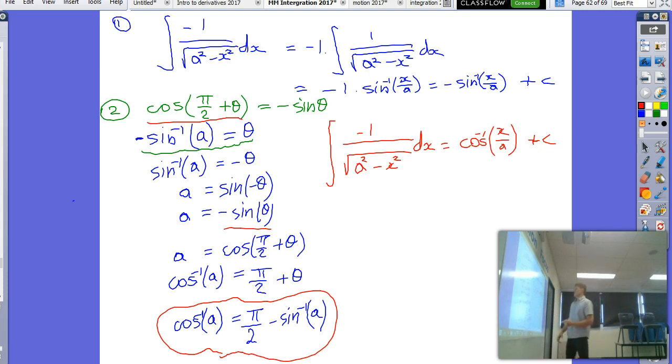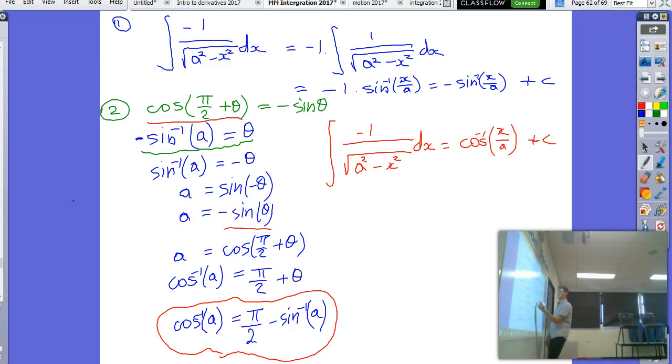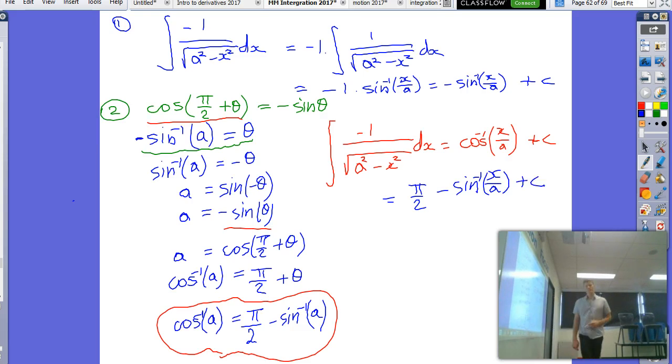So from that, inverse cos is equivalent to what we've got down here. Okay, now I'm going to do that little substitution. So this integral is then the same as pi on 2 subtract inverse sine of x on A plus c as the result of the integral.